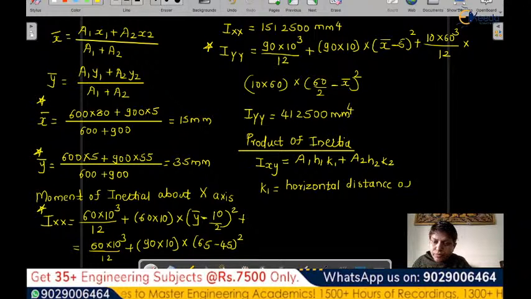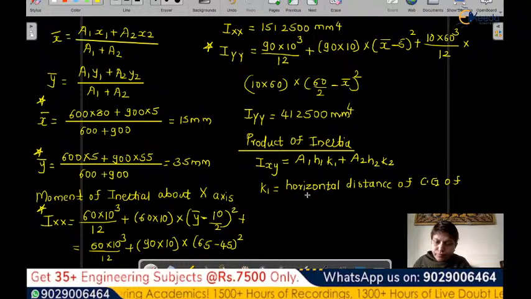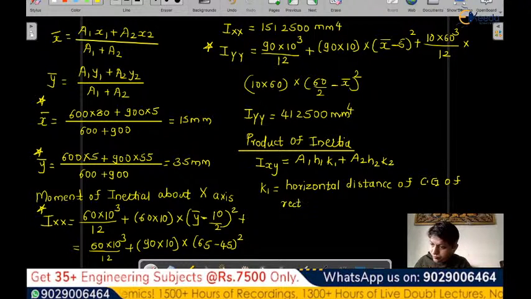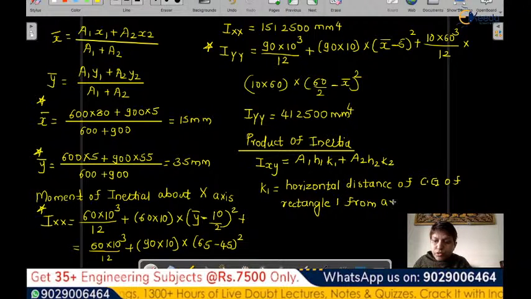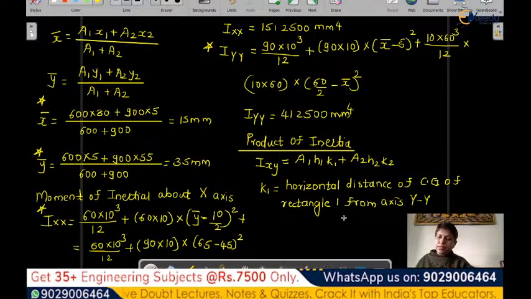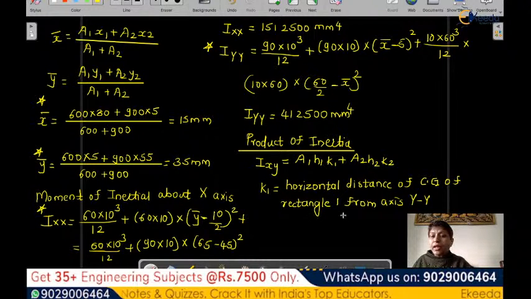of the CG of rectangle 1 from the YY axis. So what is the horizontal distance of the CG of rectangle 1 from axis YY?